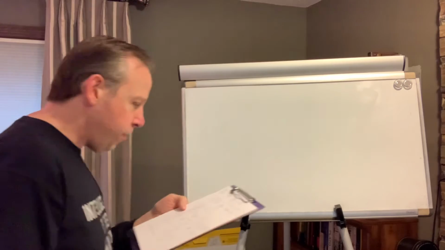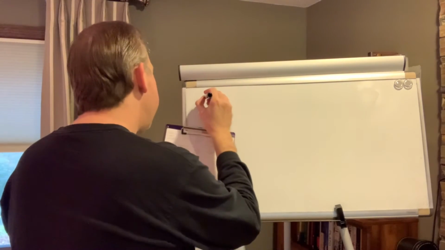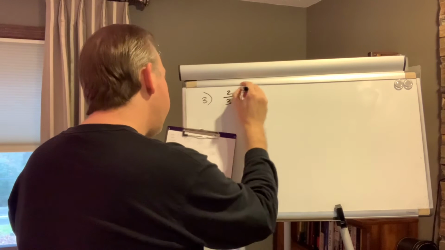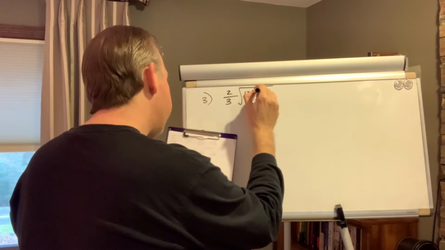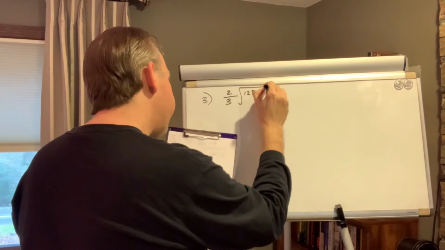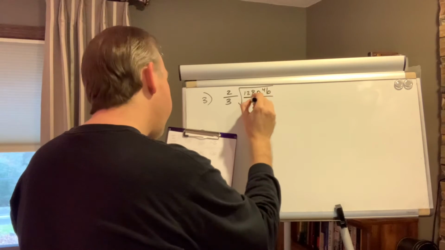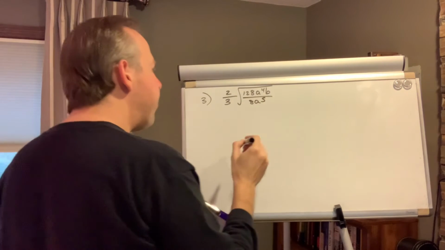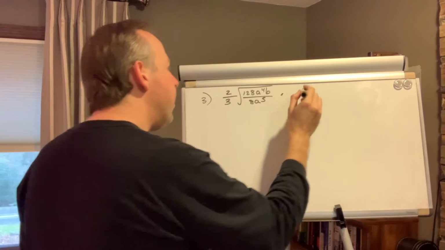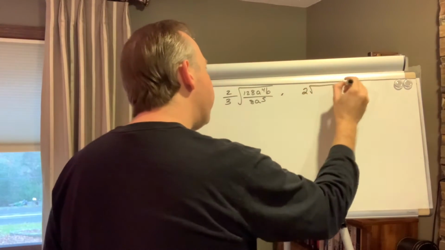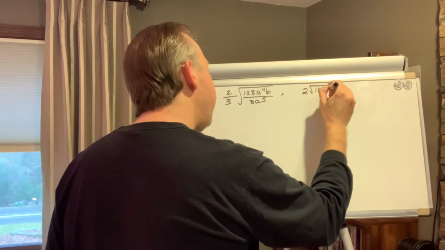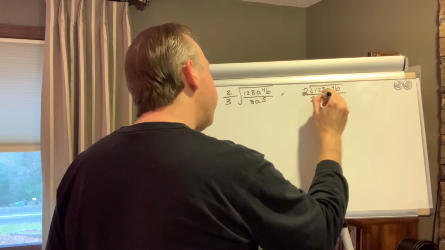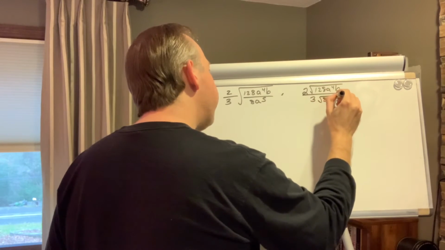So number 3, it was 2/3 square root 128 a to the 4th b over 8 a to the 5th. And we're going to separate this again. So this is really 2 radical 128 a to the 4th b over 3 radical 8 a to the 5th.